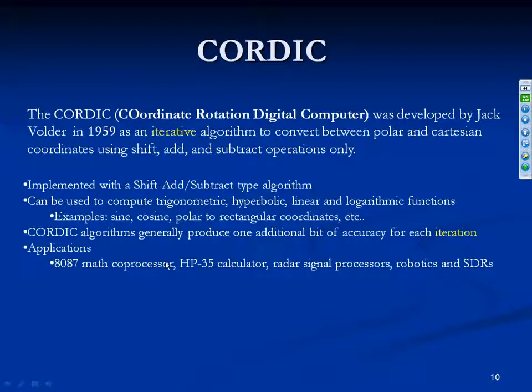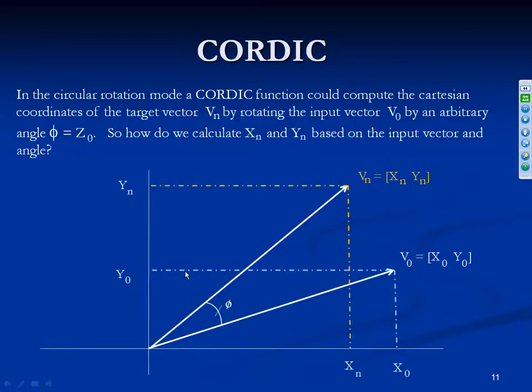So CORDIC algorithms generally produce one additional bit of accuracy for each iteration. And I'll talk about these iterations in the design. Some of the applications are like 8087 math coprocessors, the HP35 calculator used a CORDIC. Might have it in radar signal processors, robotics, and software-defined radios. And that's where we're interested today.